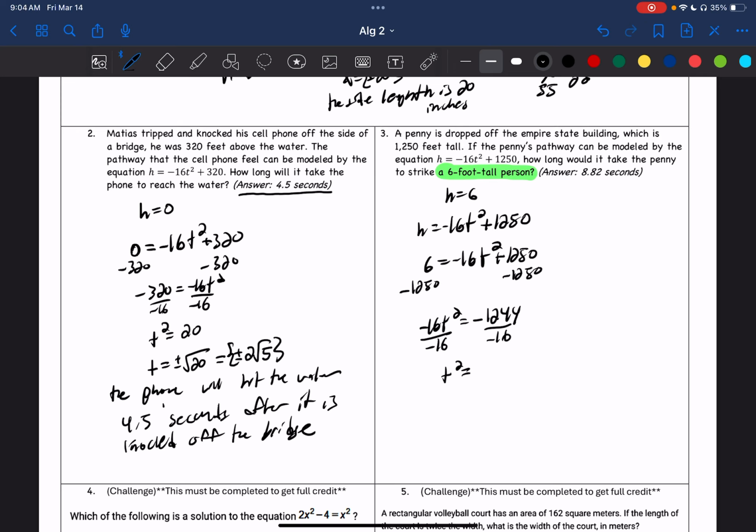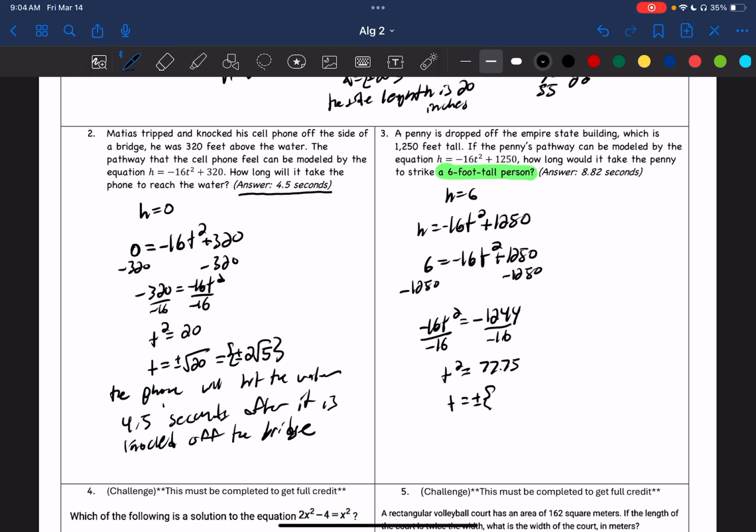Okay, so that gives us 77.75. Yep, which then means, let me double check my work there. Put it in the calculator too and make sure I'm not wrong. Yep, that sounds about right.